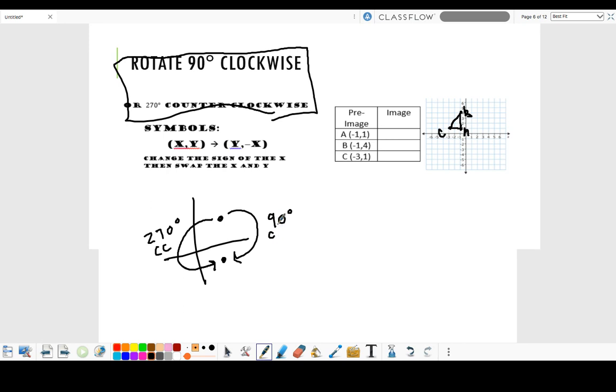And so whenever we're doing either of those rotations, then we're going to swap the x and the y. So notice that the y is in the position that the x was in, and the x is in the position of the y. And you also want that original x to have its sign changed. So if we look over here, our pre-image was at -1 and 1. We know that we're going 90 degrees clockwise, right?